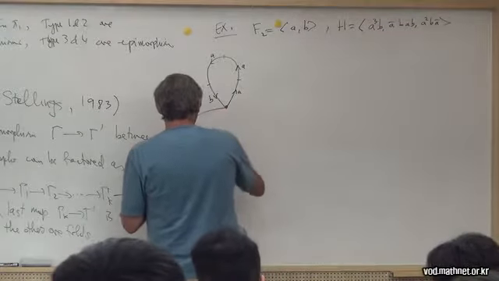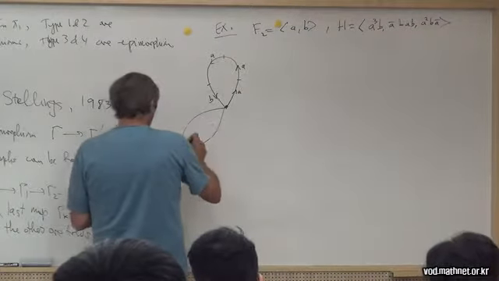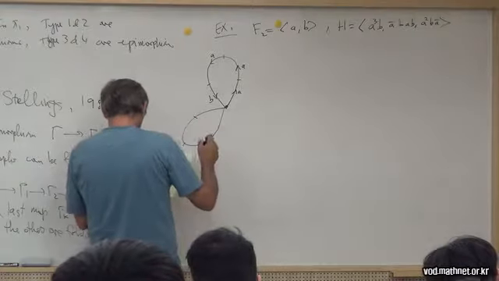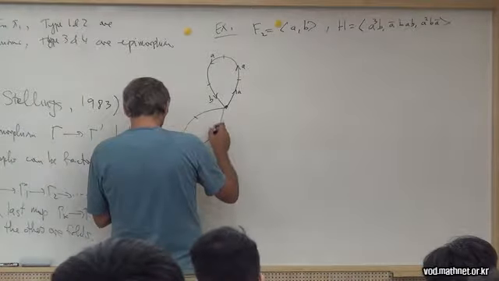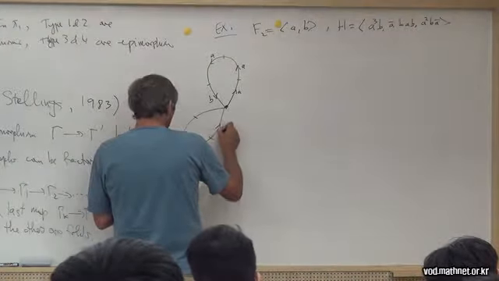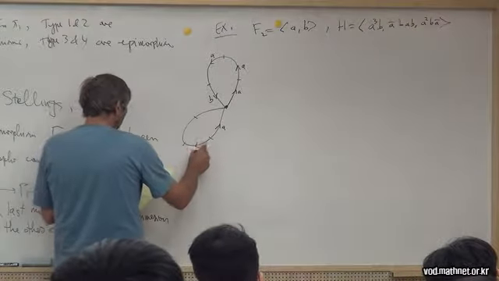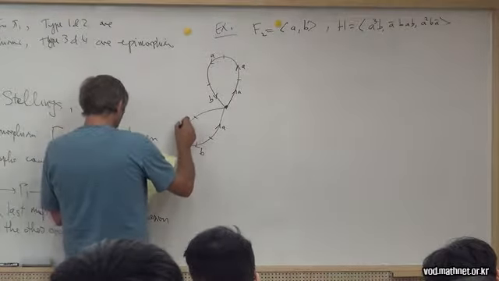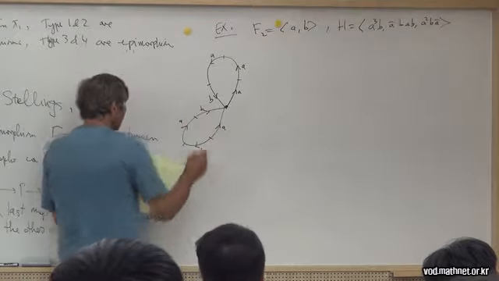Then I'll have a loop over here. So this is going to be A inverse, B, A, B, like that.